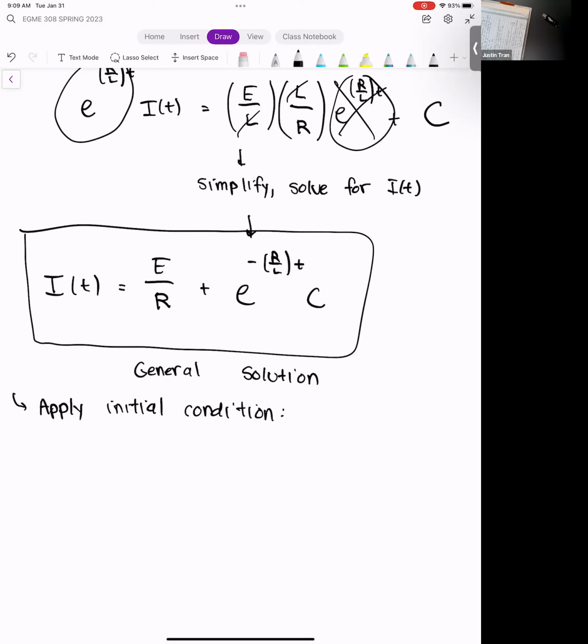The initial condition is something that's going to be given to you in the problem. It's not something you make up. Normally it's given at the beginning, but I just forgot to mention it. For this particular problem, we're going to assume that our circuit starts from rest. And so the initial condition is that I of 0 is equal to 0.